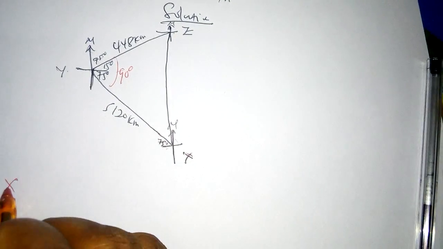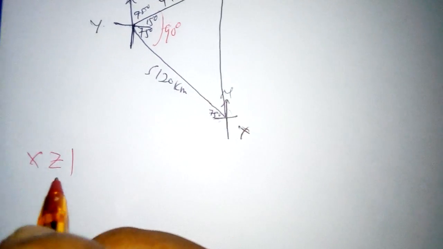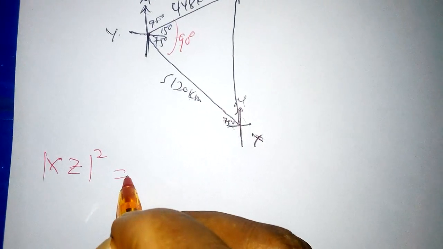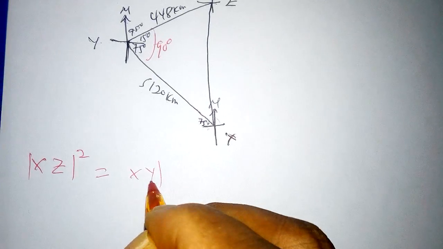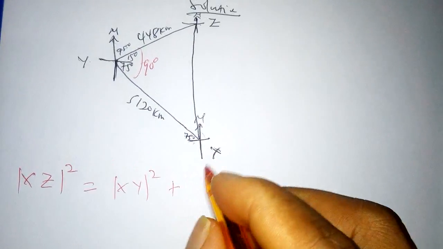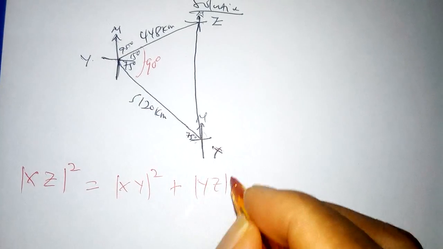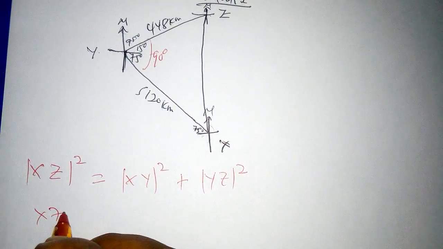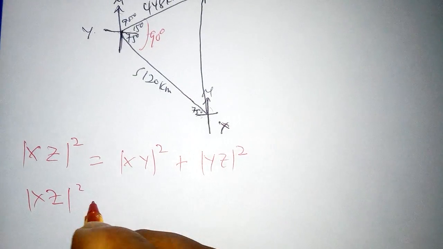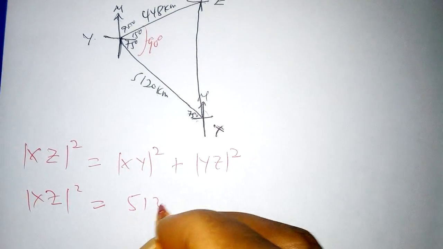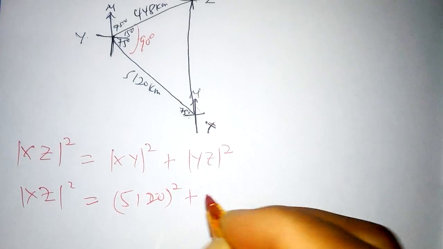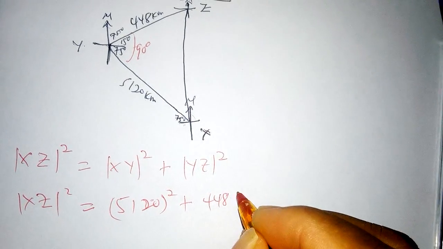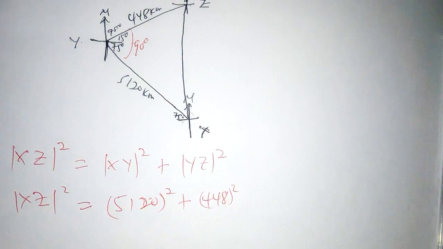Therefore we have that XZ squared is equal to the sum of the squares of the other sides, so XY squared plus YZ squared. So XZ squared is 5120 all squared plus 448 all squared.